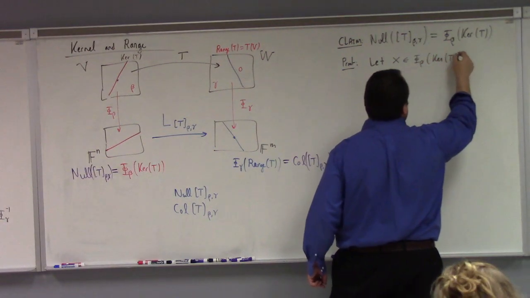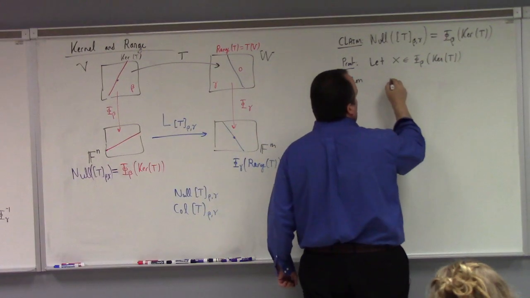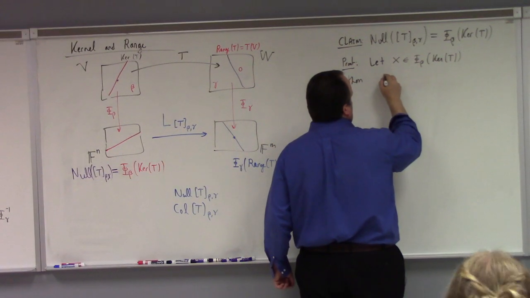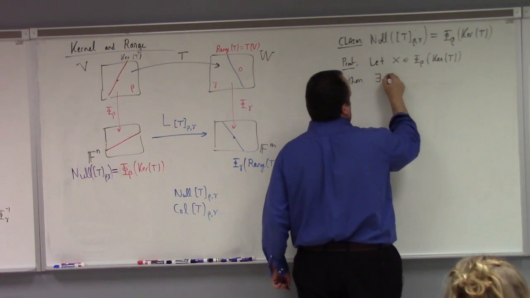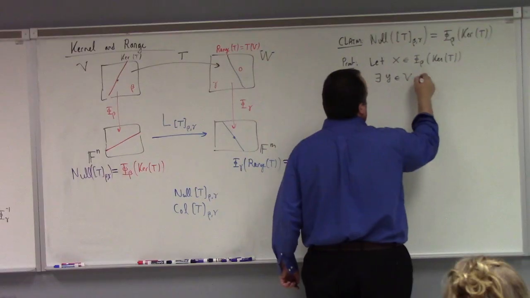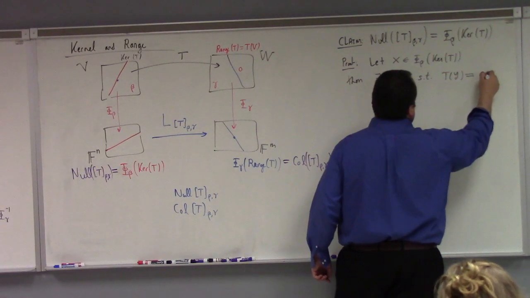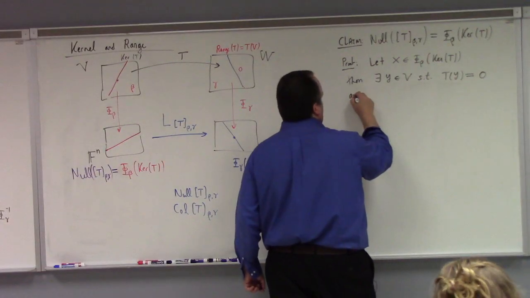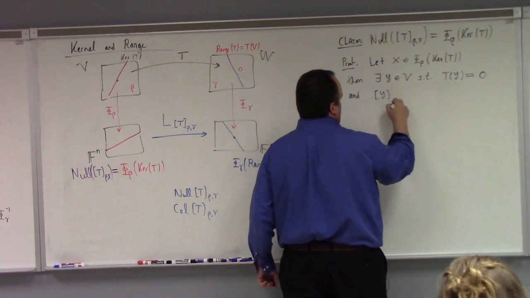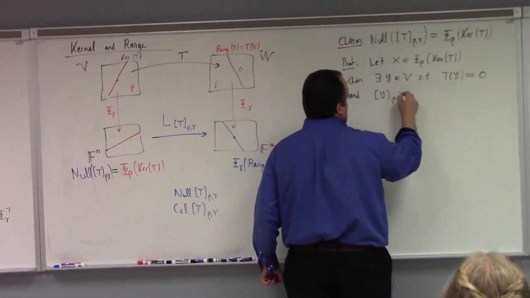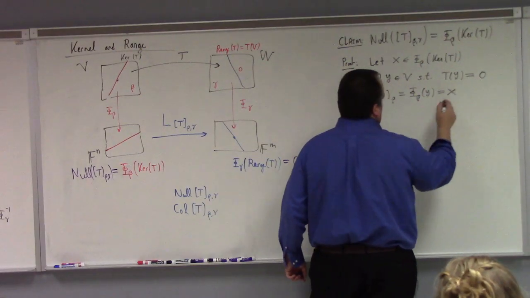What does that mean? Let's see here. There exists, let's say, y in V such that T of y is equal to 0, and the coordinate vector of y, which of course is φ_β of y, is equal to x.